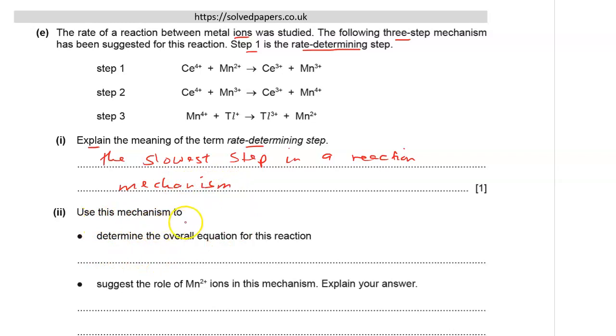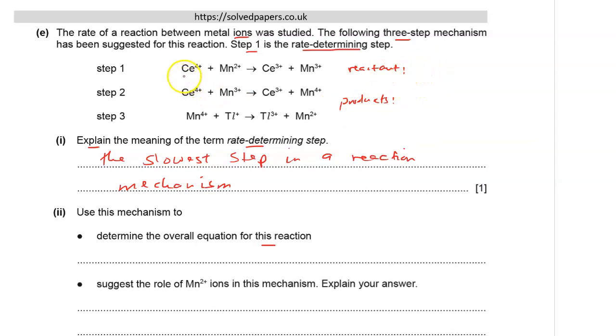Use this mechanism to determine the overall equation for this reaction. So basically what you need to do is list all the reactants and all the products, and cancel the ones that appear on both sides.